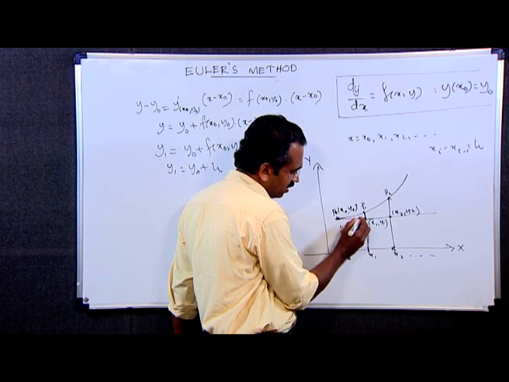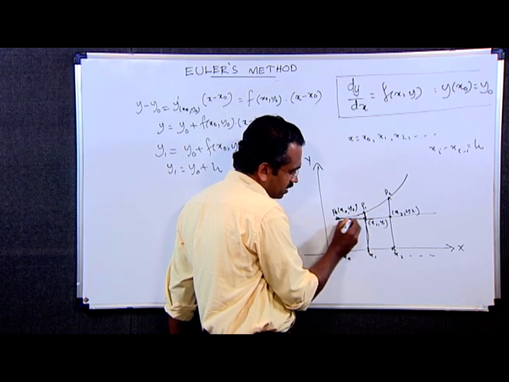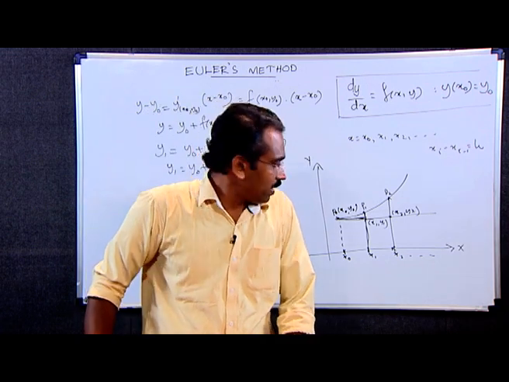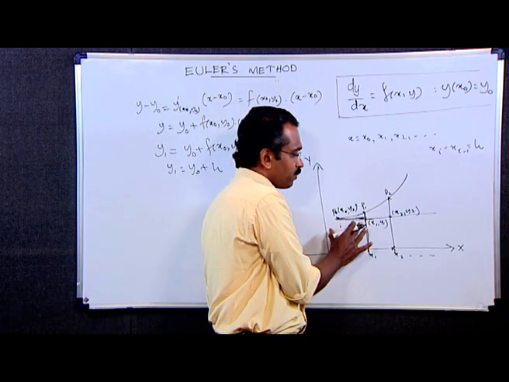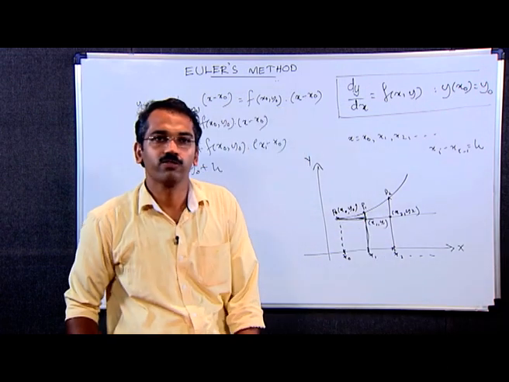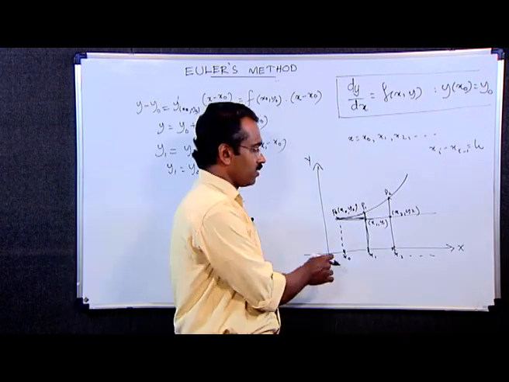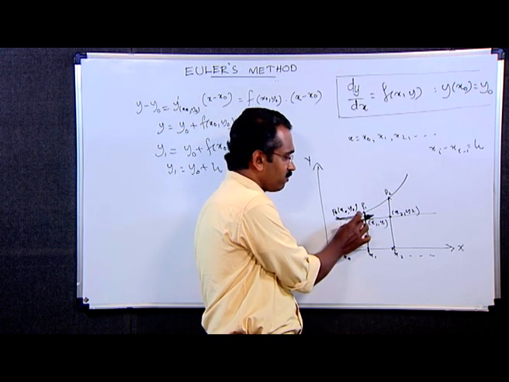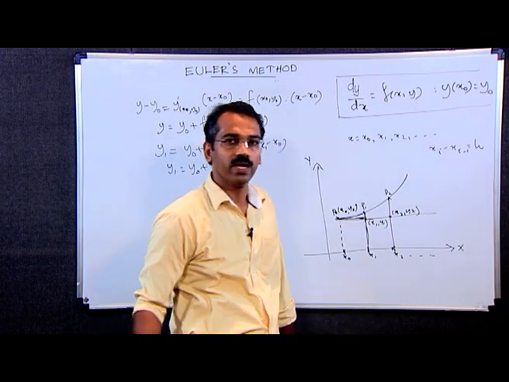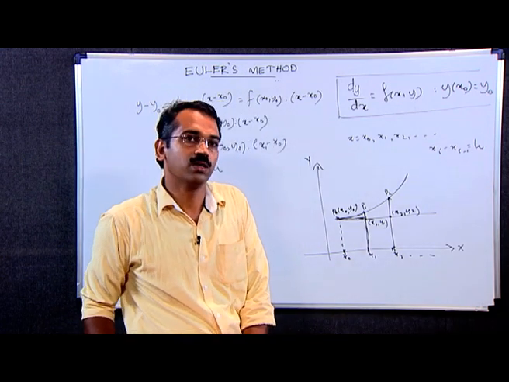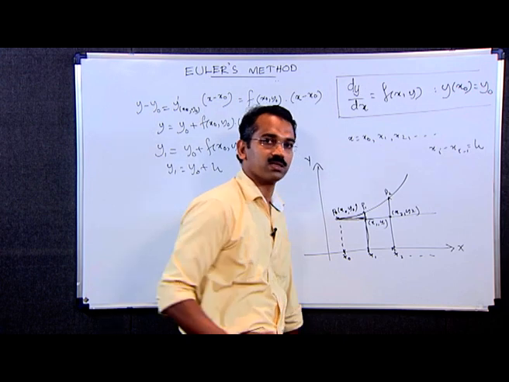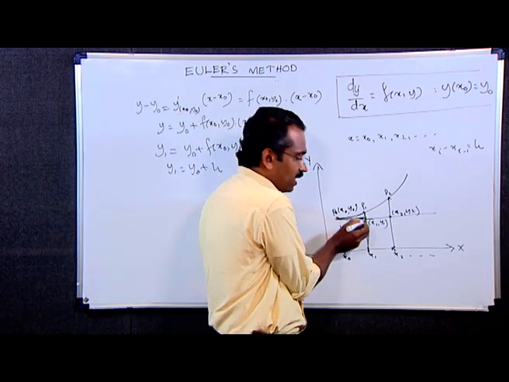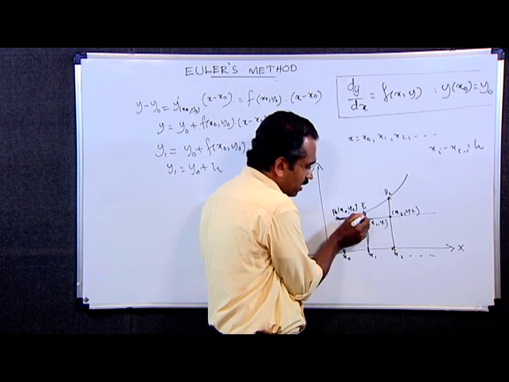First in this interval, we approximate the curve by this straight line segment, and the total curve is approximated by a sequence of short straight lines. As the interval increases, the straight line deviates much from the actual curve, hence the accuracy cannot be obtained as the interval length increases.